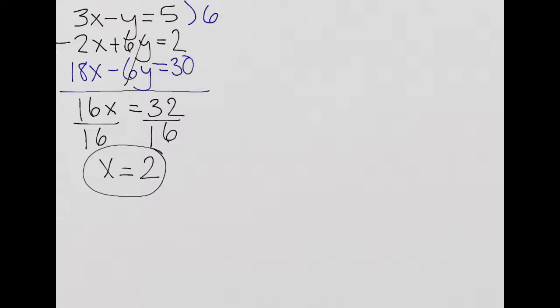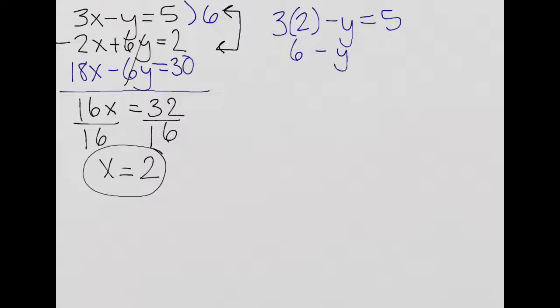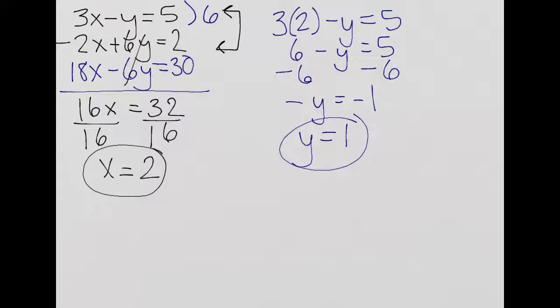Great. So now we can back substitute that into one of these two equations to figure out what y is. So let's just use the top equation. So we'll have 3 times x, which is 2, minus y equals 5. So this is, of course, 6. When we subtract 6 from both sides, we'll get negative y equals negative 1. So y must equal 1.